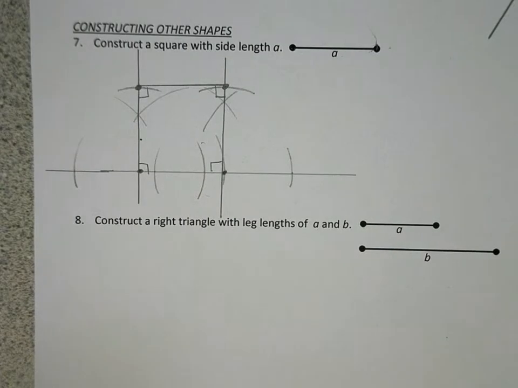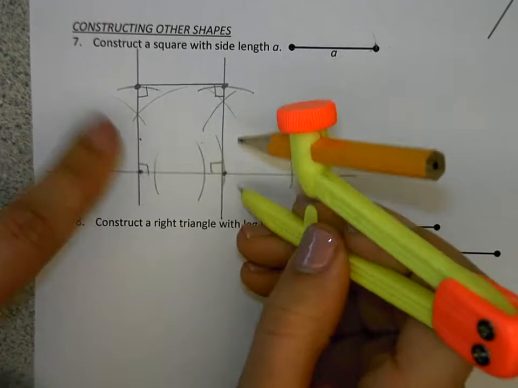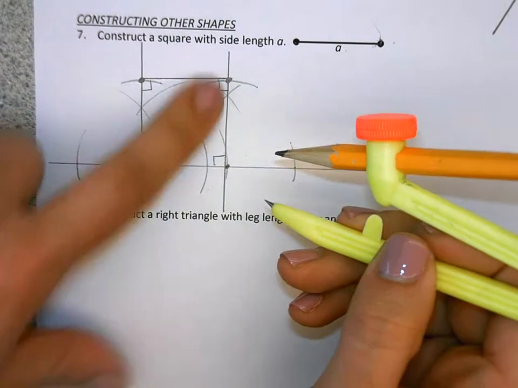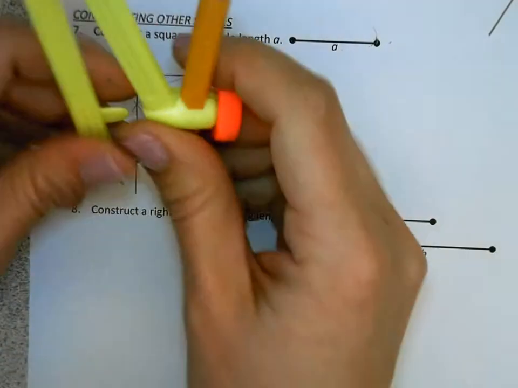Because that's how I know that you actually constructed it and didn't just do whatever you wanted to do. We do the same thing twice, basically. So after we copied segment A here, we constructed a perpendicular through this point.